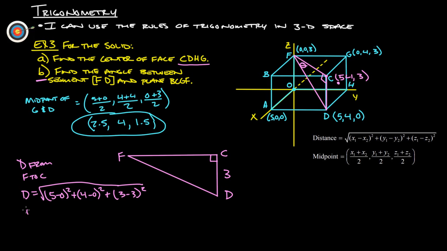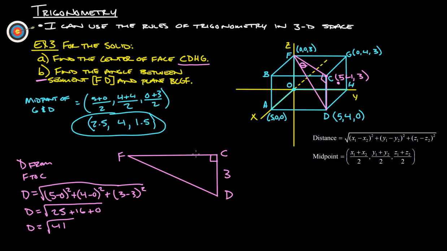So the distance here is going to be 5 minus 0 squared, which is 5 squared, which is 25. 4 minus 0 is 4, 4 squared is 16. And then 3 minus 3 is 0, 0 squared is 0. So this distance is 25 plus 16, which is 41, and then the square root of 41.